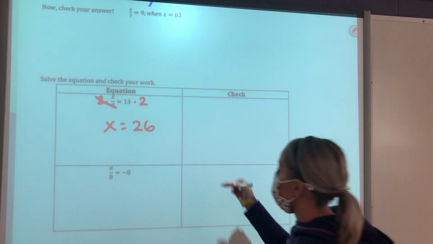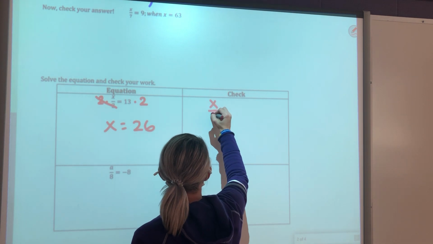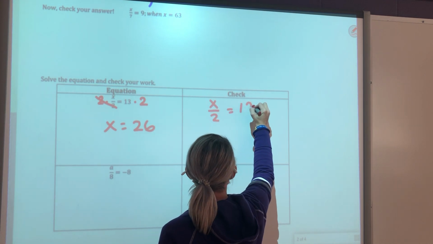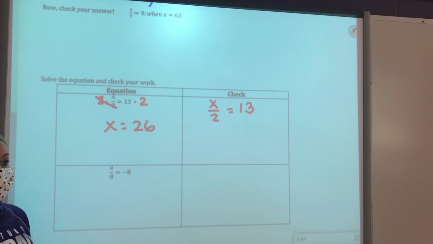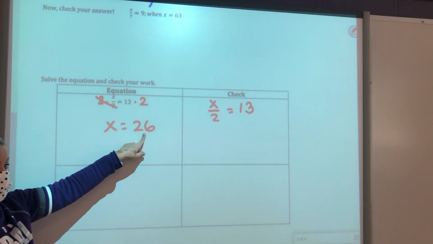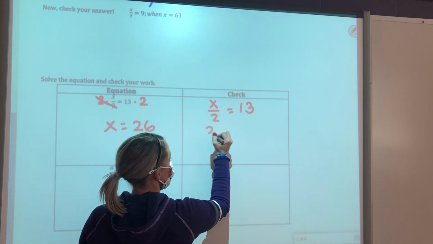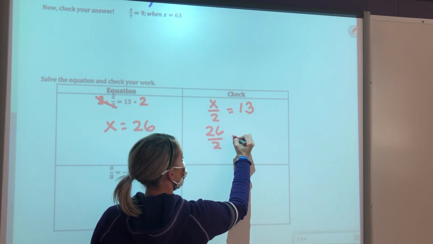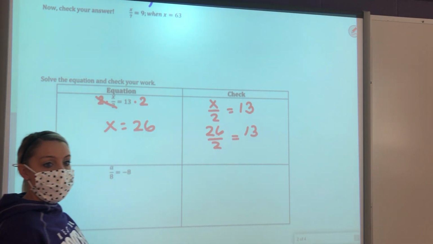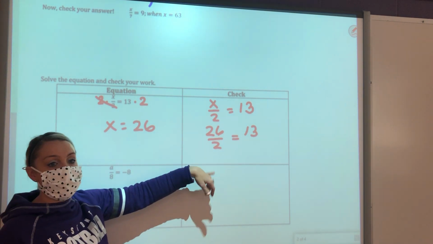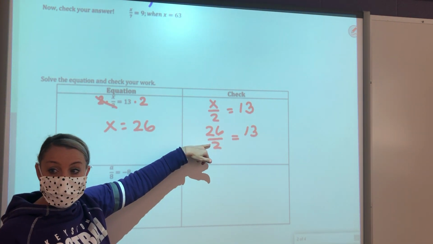Okay? Zach just asked, well, how do you check it? Okay, excellent question. Rewrite it. Then you would just put your x in. Yep, plug it in. And then you just do math. And now do your math. 26 divided by 2.